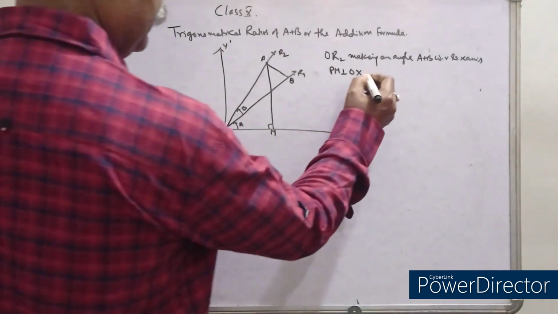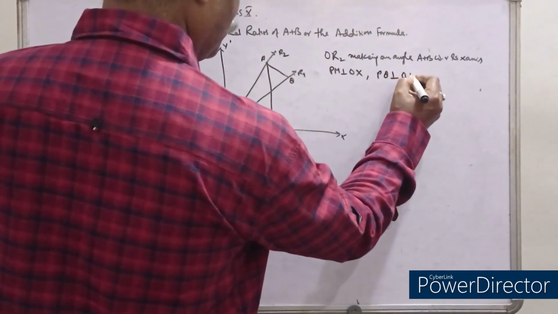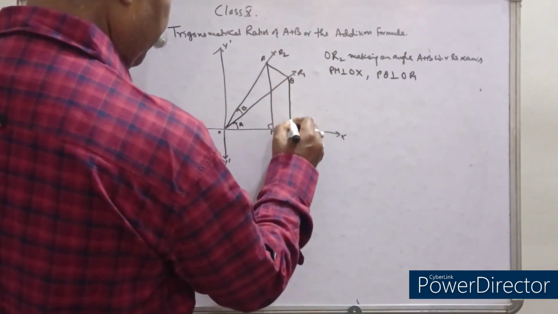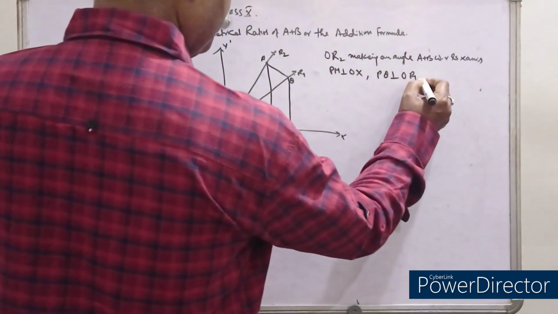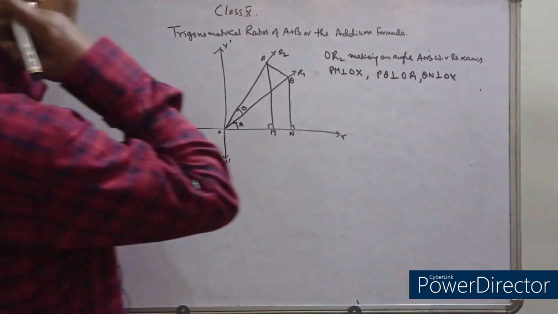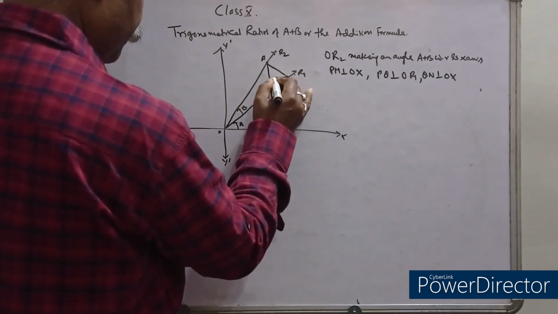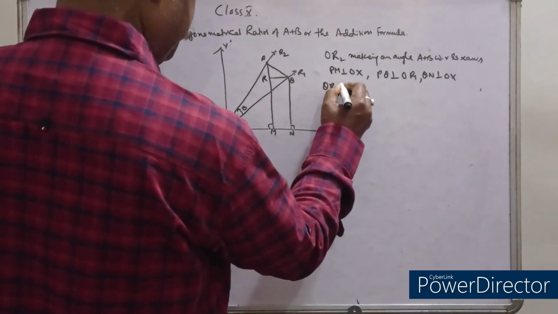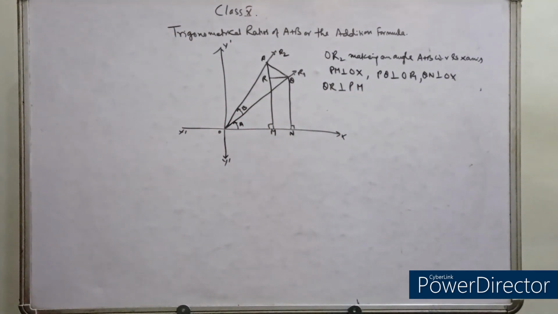PQ is drawn perpendicular to OR1, and from Q, QN perpendicular to OX is drawn, and another from Q, that is R, QR perpendicular to PM is drawn. This is the construction which you have to do.